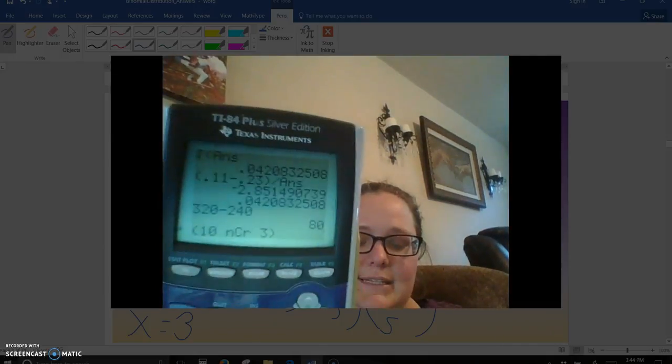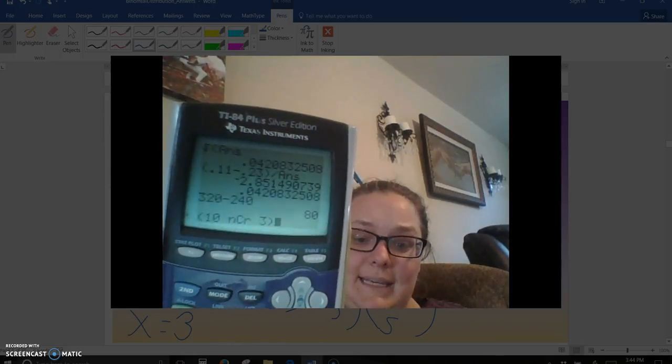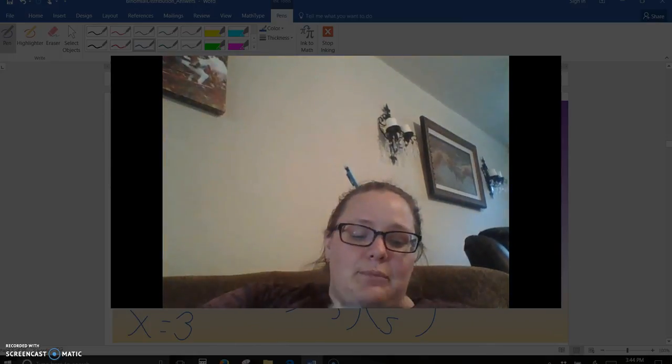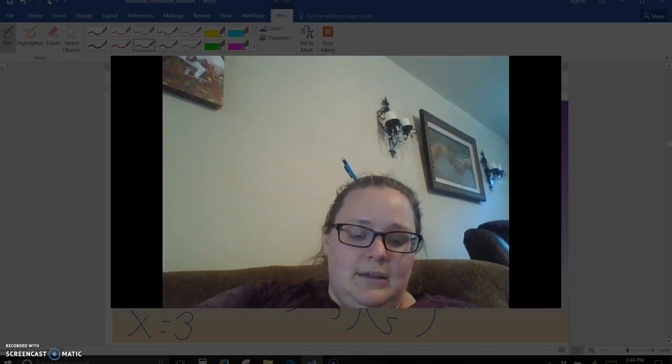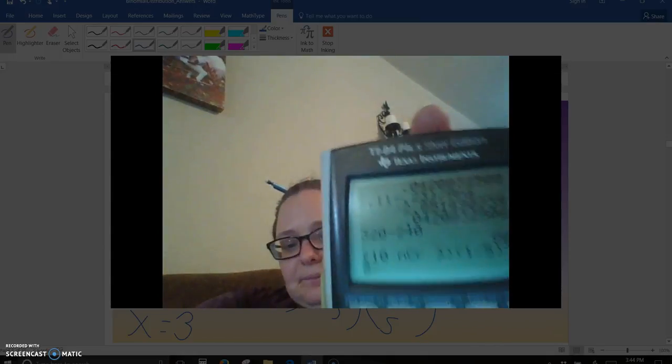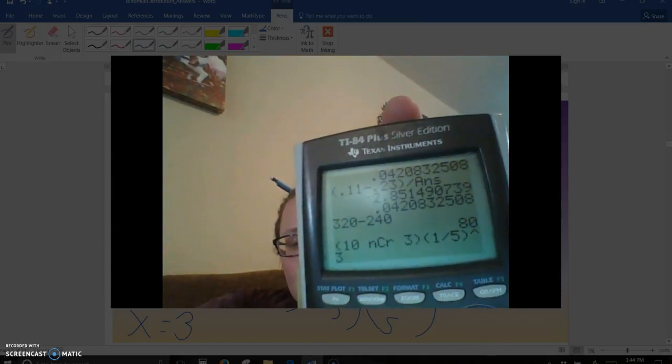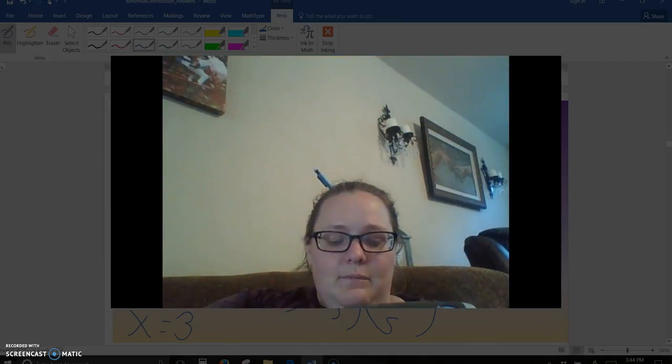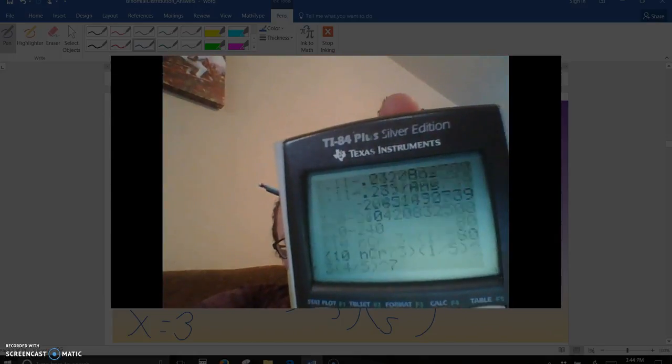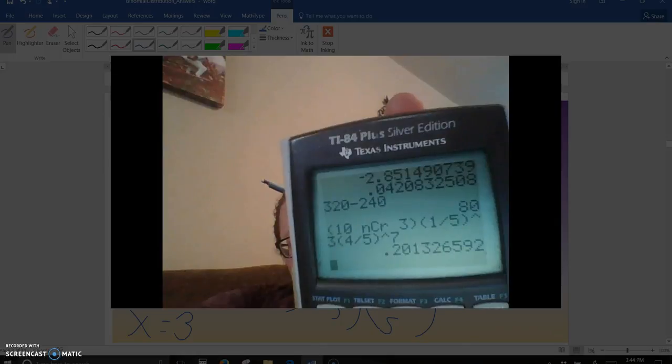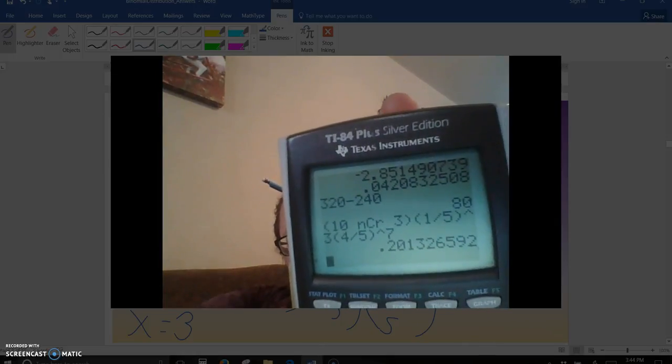Type parentheses around it, because then we need to type parentheses 1/5 to the power of 3. And then we had 4/5 to the power of 7. And so that's what we get as our answer, 0.20.